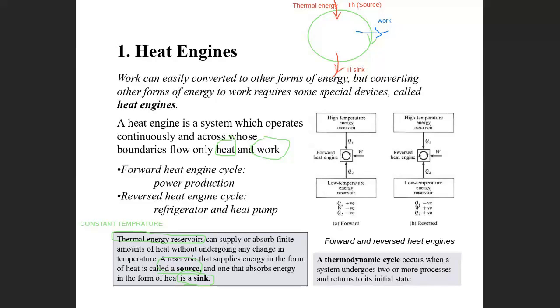This work can be used to move the cars, the trains, and any moving parts, and for power plants, we can connect it to a power generator. Then the work can be converted to electricity.